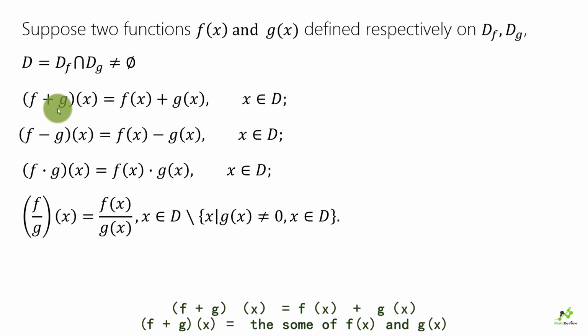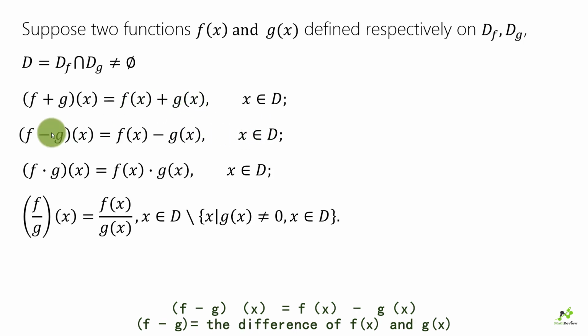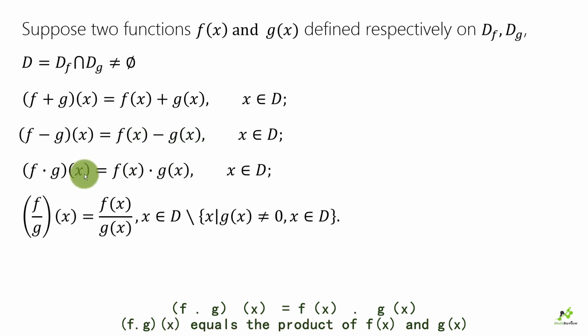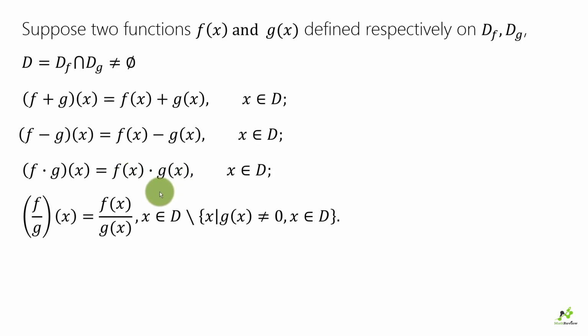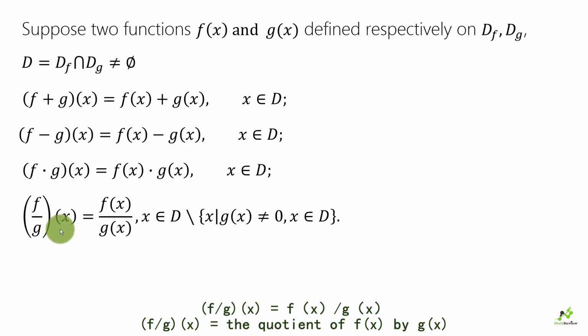f plus g of x equals the sum of f of x and g of x. f minus g of x equals the difference of f of x and g of x. f times g of x equals the product of f of x and g of x. f over g of x equals the quotient of f of x by g of x.